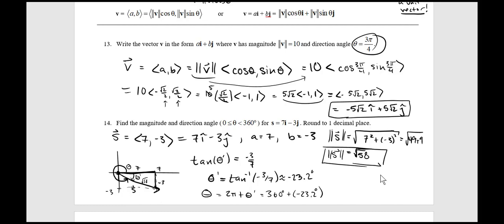I got 336.8. I should say this is approximating the theta prime value here. Okay, so we found the direction angle, and we found the magnitude.